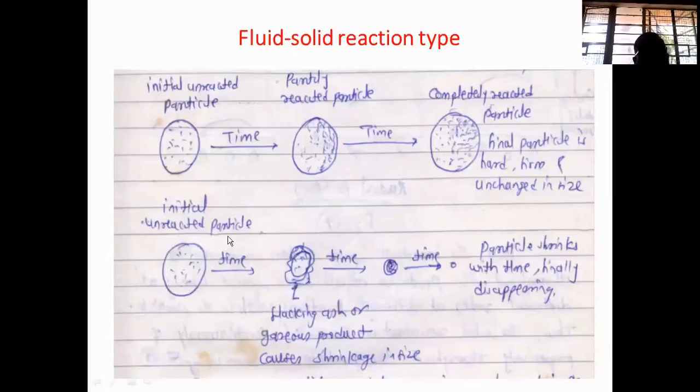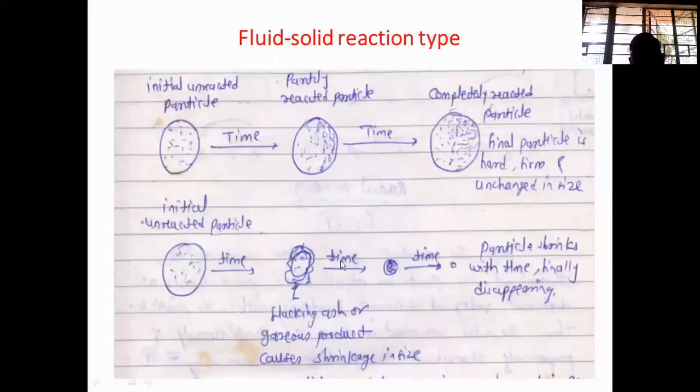The next type: this is the initial unreacted particle. As time goes on, the fluid reacts on the surface of the solid. On the surface of the solid there are impurities, and the solid remains as it is. So the cracking ash or gaseous product causes shrinkage in size during the reaction.